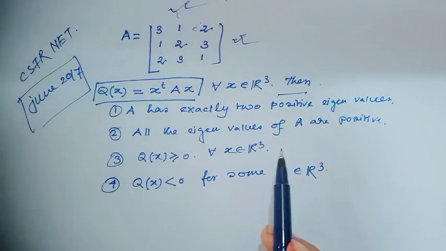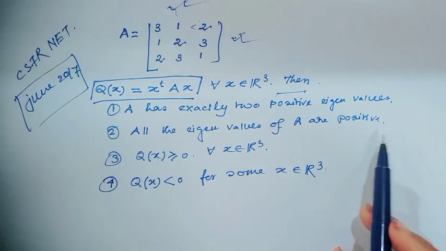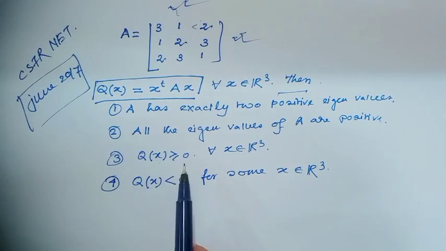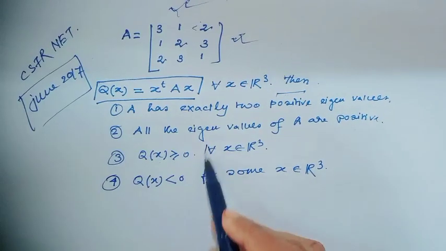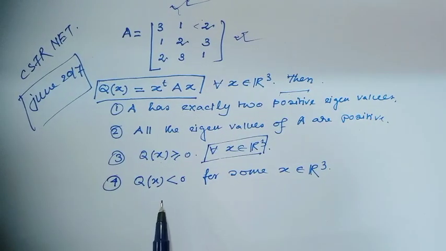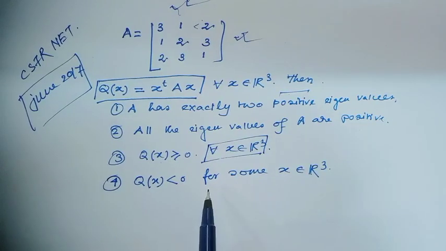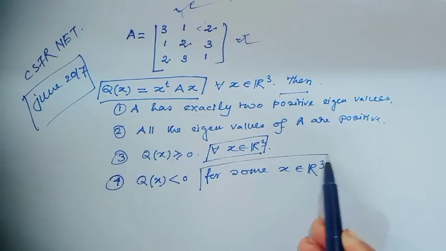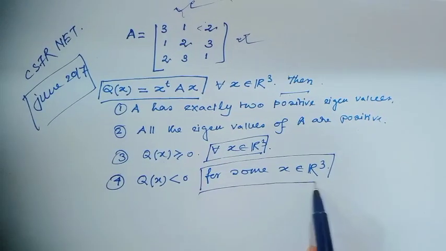Option 2, all eigenvalues of the matrix A are positive. Option 3, Qx greater than or equal to 0, and this is true for all x belongs to R3. And option 4, Qx strictly less than 0, this is true for some x belongs to R3.